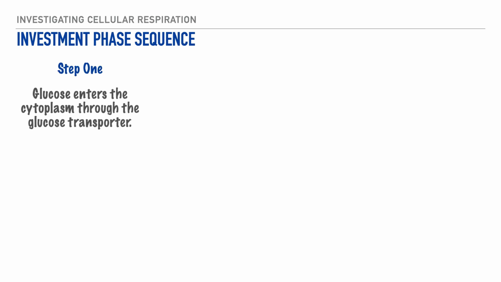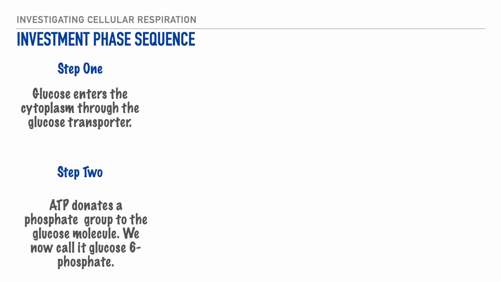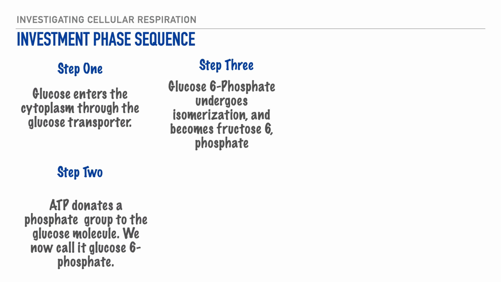First, glucose entered the cytoplasm through the glucose transporter. Secondly, ATP has donated a phosphate group to the glucose molecule, and we refer to this molecule now as glucose 6-phosphate. Third, glucose 6-phosphate now undergoes isomerization, which is essentially a reconfiguration of the molecule to become for us fructose 6-phosphate.